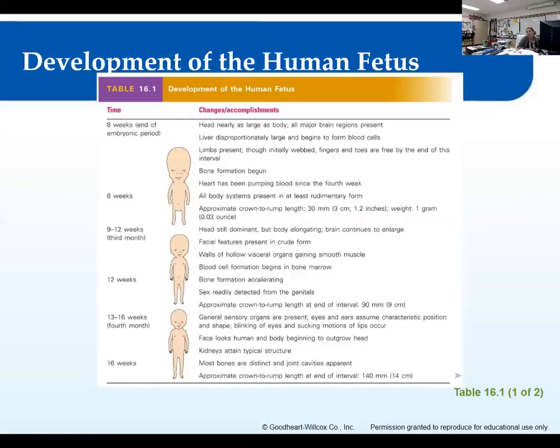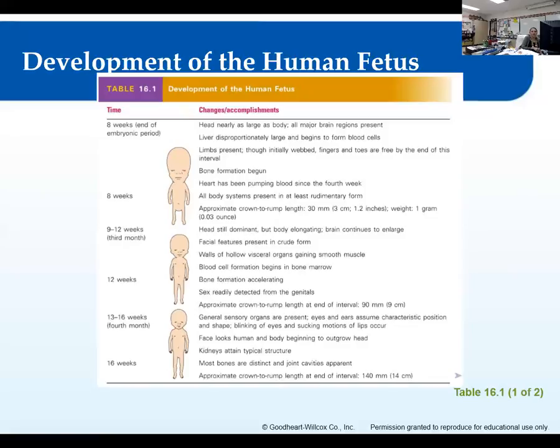My cousin had an early test, maybe they did the DNA testing, I can't remember, but at 12 weeks she already knew what she was having. Approximate crown to rump length is about 9 centimeters, so you're looking at about 3 or 4 inches long.